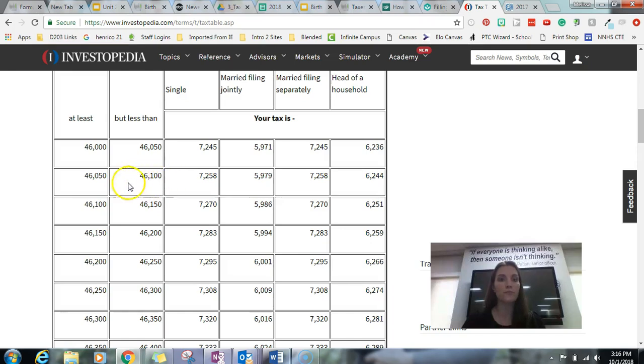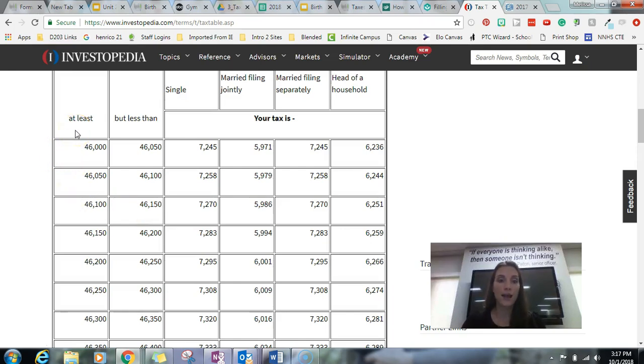If I'm single, I fall in this range, and I owe the government $7,258. So that's really easy. I just find out where my taxable income falls in between which 2 numbers and then look at whether I'm single, married filing jointly, married filing separately, or head of household. That's not where those descriptors come into play.